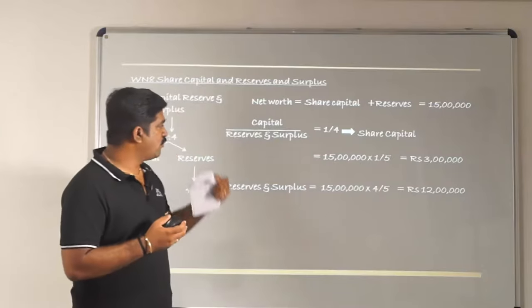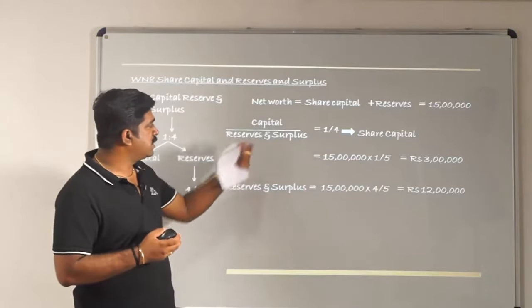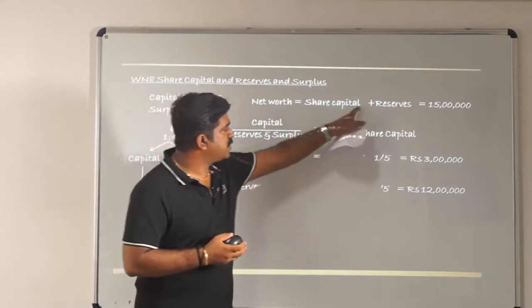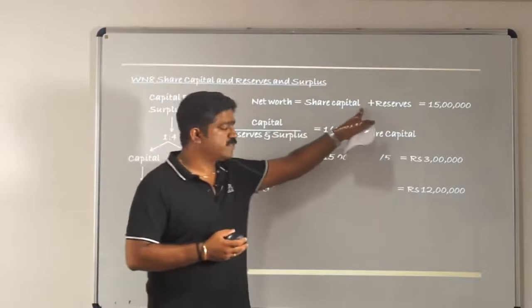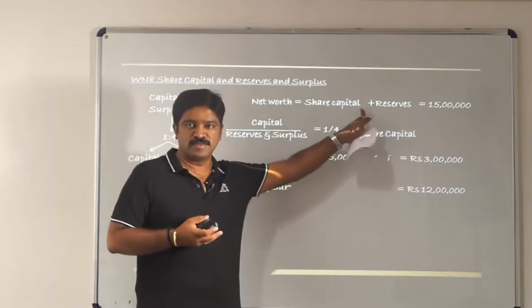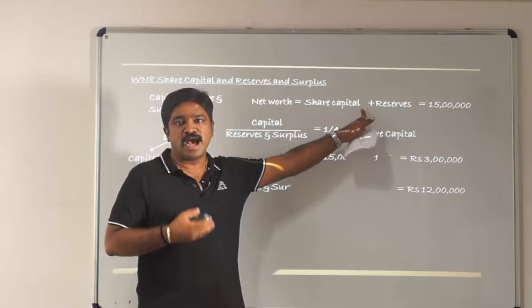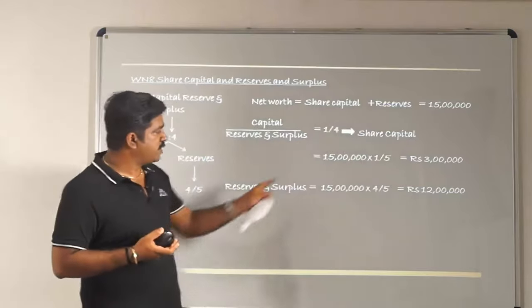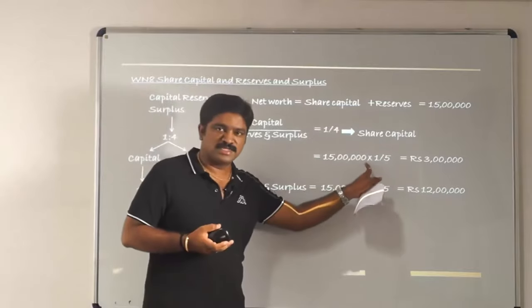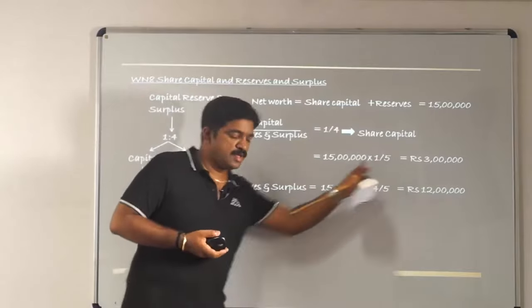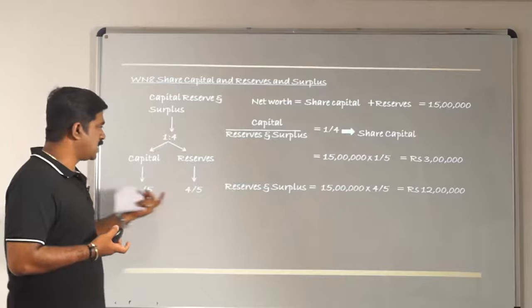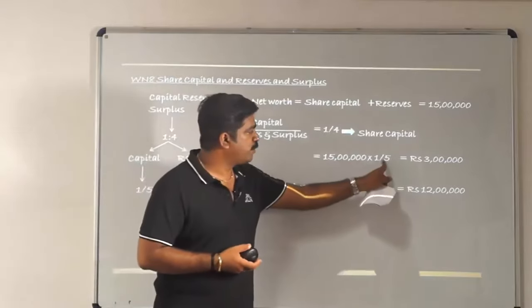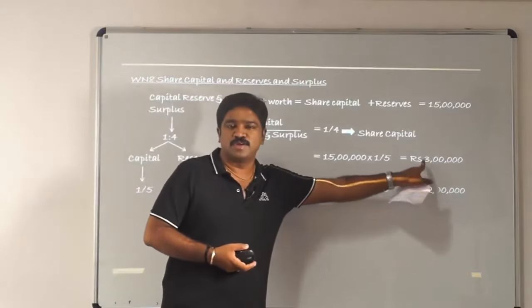So if you want to find out the share capital exactly, you have to take the share capital, that is 1/5, and apply it on net worth. You know net worth is 15 lakhs. Apply 1/5 on net worth, and you get to know what is share capital, and that's what we have done here. We have taken the net worth of 15 lakhs and applied 1/5 on it. 15 lakhs into 1/5, you get 300,000, 3 lakhs.